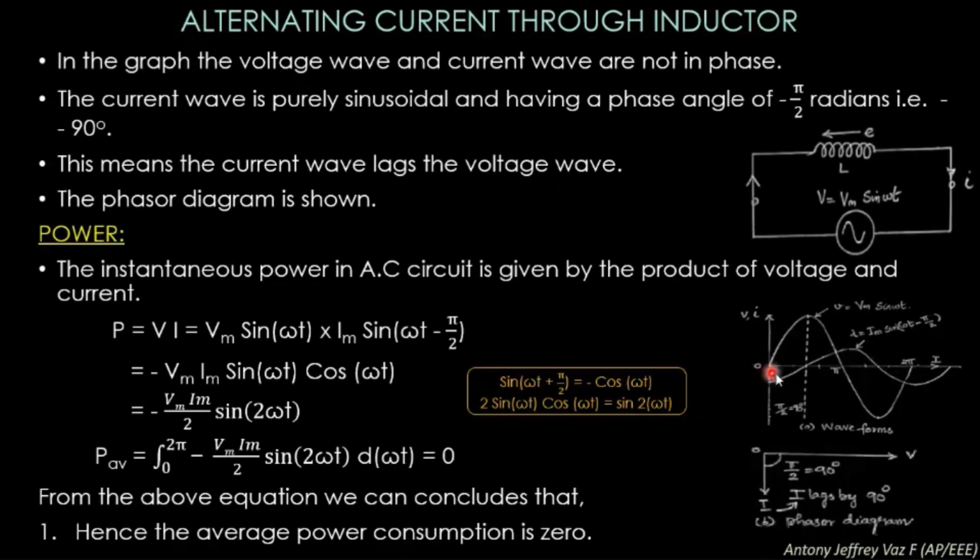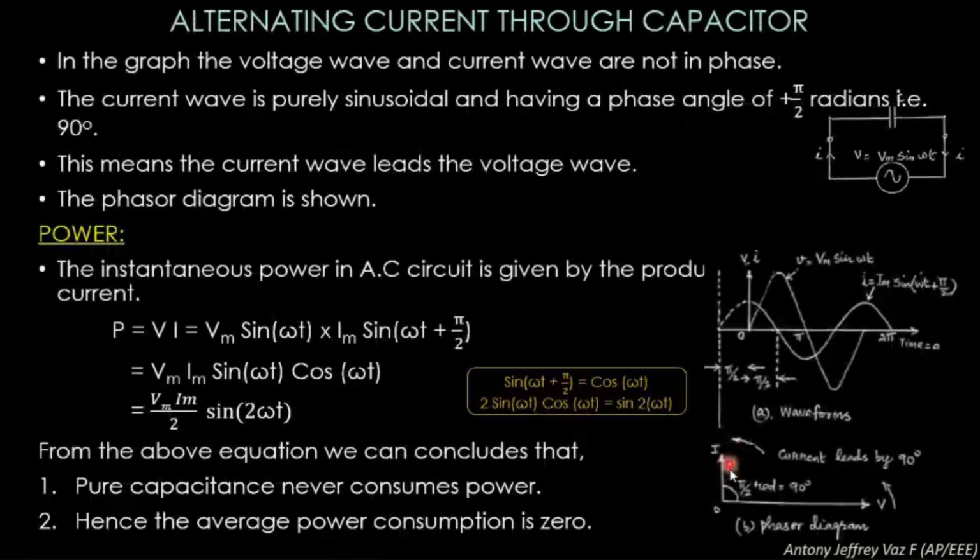So in an inductance circuit, the current wave will always lag the voltage wave by an angle of 90 degree. If you see the phasor diagram, this is the voltage wave which is mentioned here, and this is the current wave. You can see the current wave is declined by an angle of minus 90 degree.